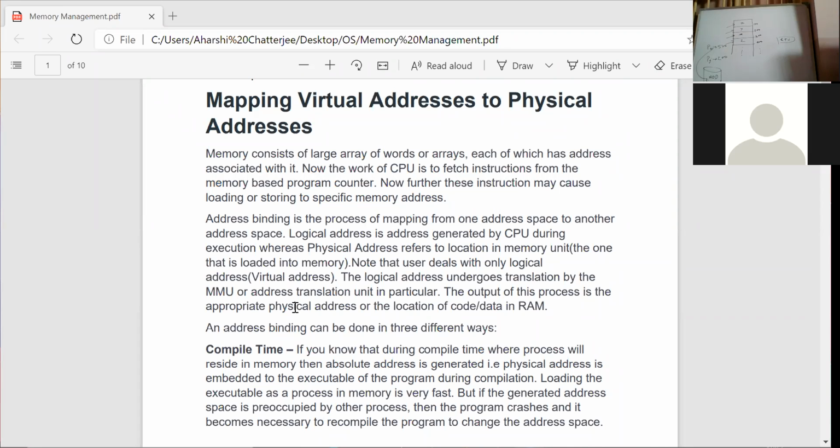Now, as you see, the structure of the memory, you can consider this structure as an array, a large array of words, each of which has some specific address.